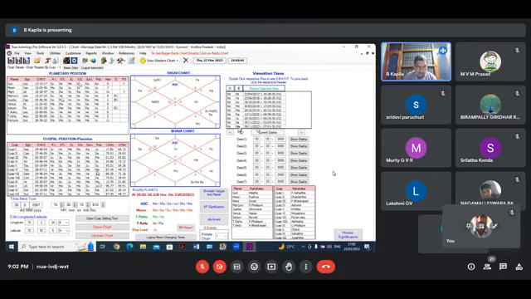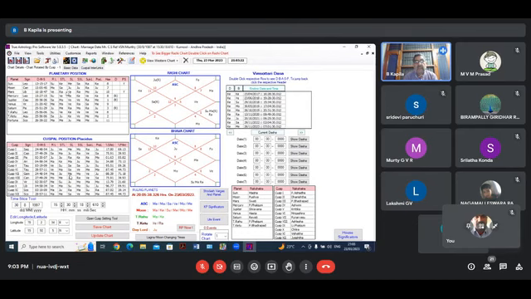If you look at the significations of Mercury, Mercury is the sublord of the seventh cusp, which indicates that there is a probability of marriage during the Bhukti of Mercury. But only by looking at the fact that Mercury is present in the seventh cusp, I cannot say, because Mercury has no PS. And since Mercury has no PS, I need to look into the significations of Mercury.